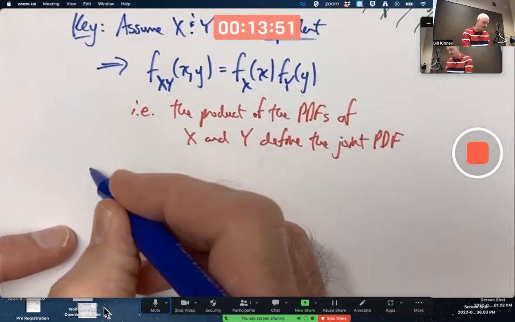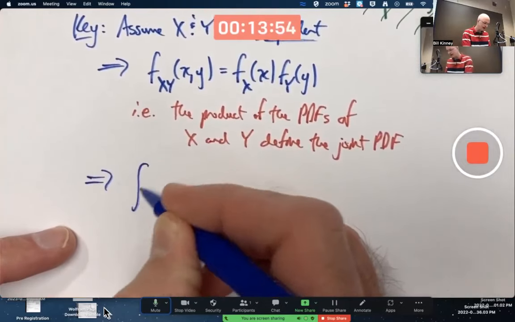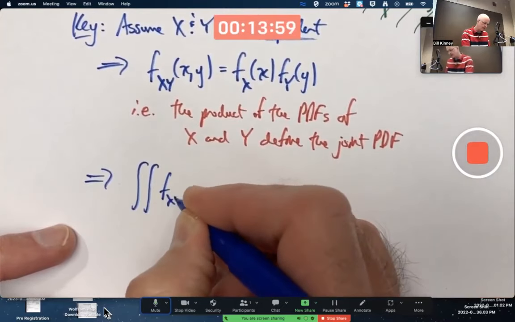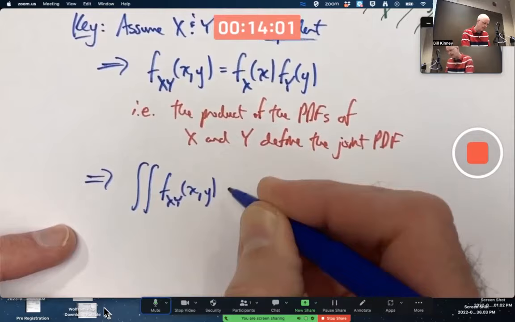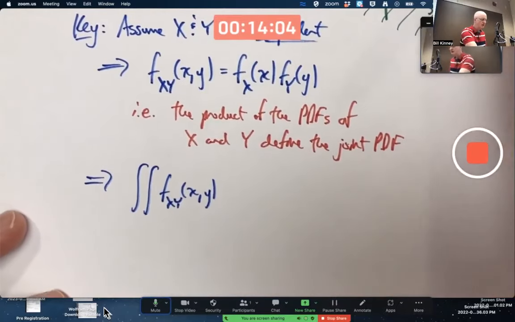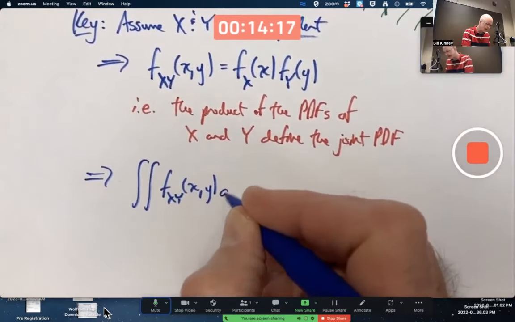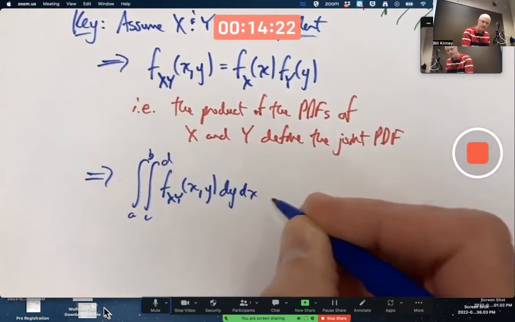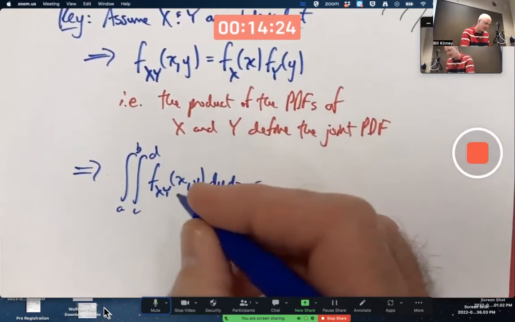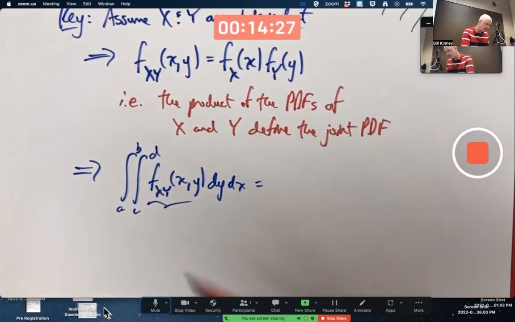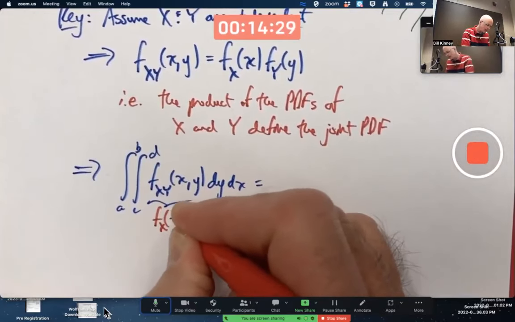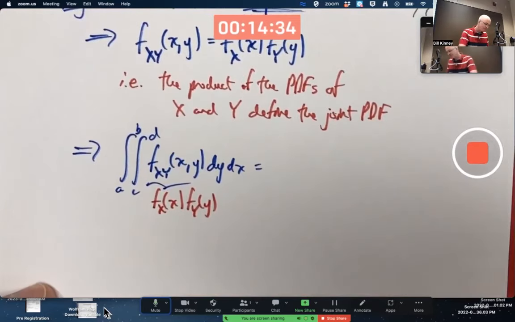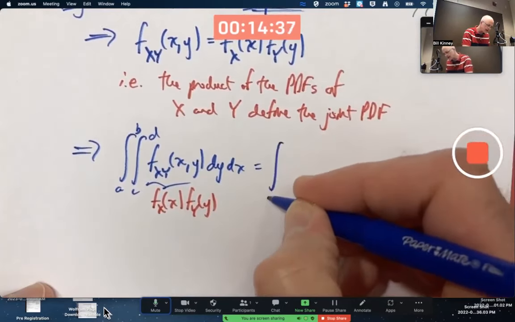If you do a double integral of the joint PDF, let's just keep it simple here over a rectangle, say, dy dx, where x goes from a to b and y goes from c to d, and it is the product of two functions, one a function of x and one a function of y, let me justify it.